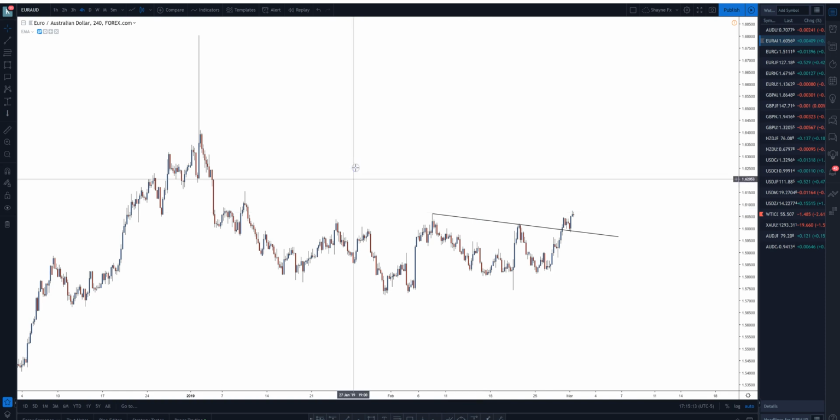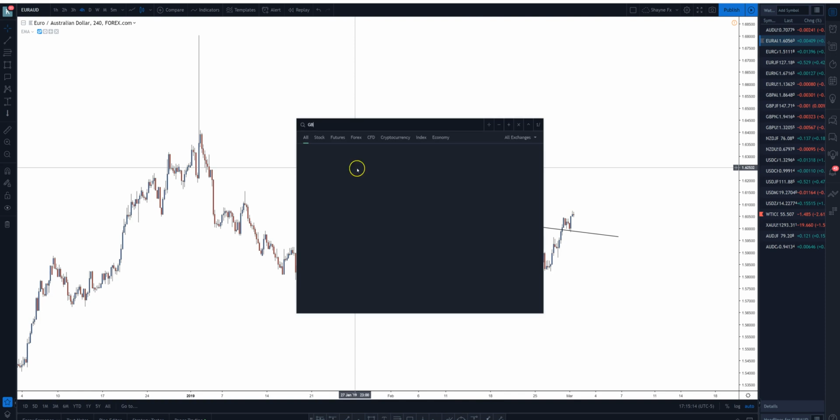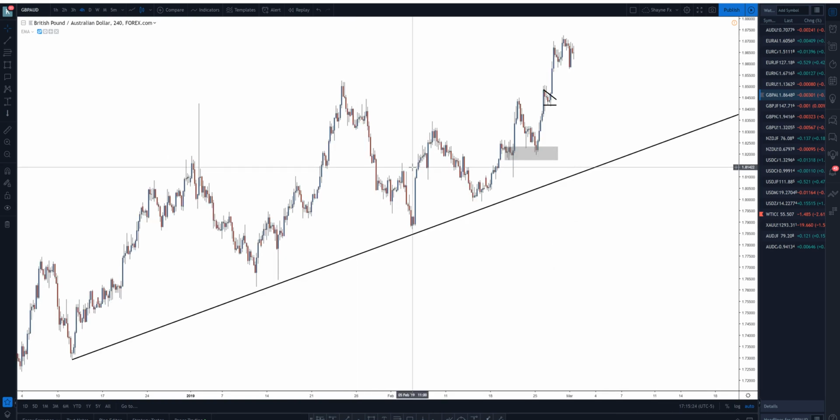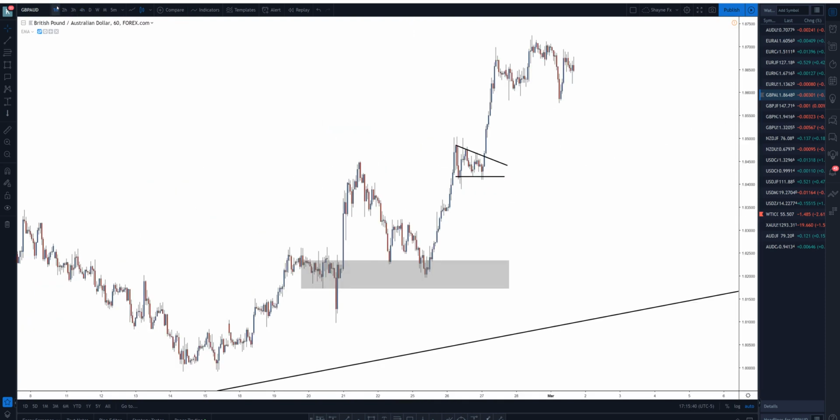Alright, let's look at GA because you asked for it. Oh yeah, I see what you're talking about. It did the last leg, looks like it's forming the head and shoulders.